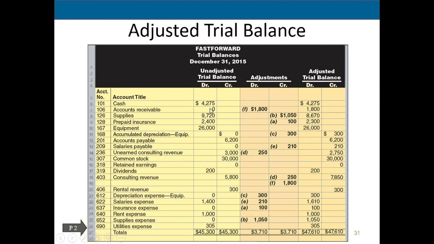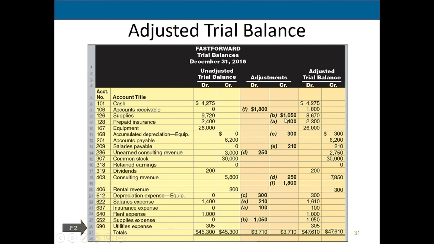Accounts receivable started with 0, but now we've adjusted it by $1,800 debit, so now it has an $1,800 debit balance. Look at supplies. It originally had a $9,720 debit balance, but we've taken $1,050 out of that account for some reason. It now has an $8,670 balance.